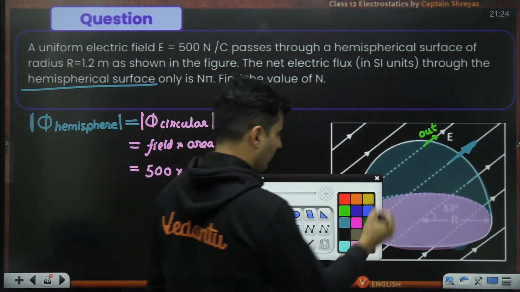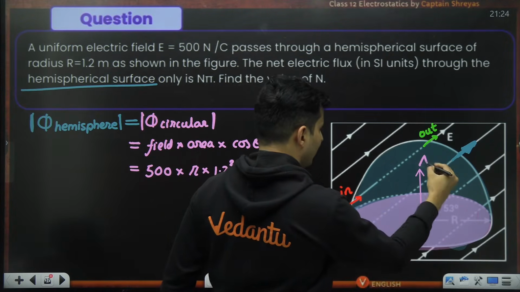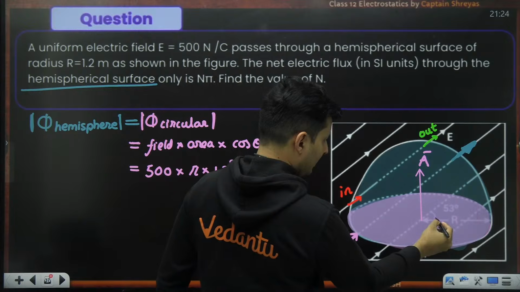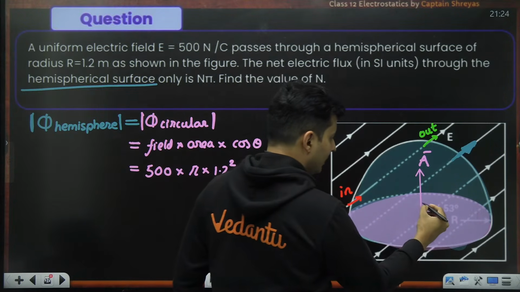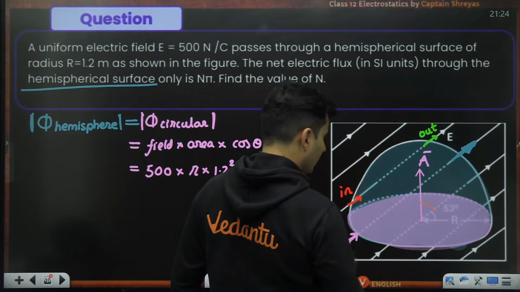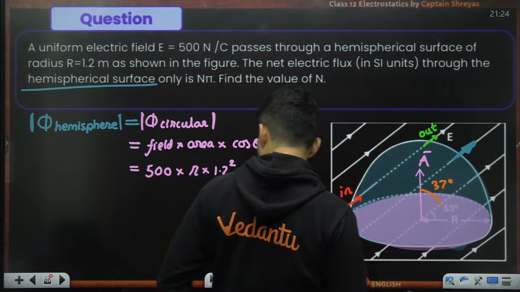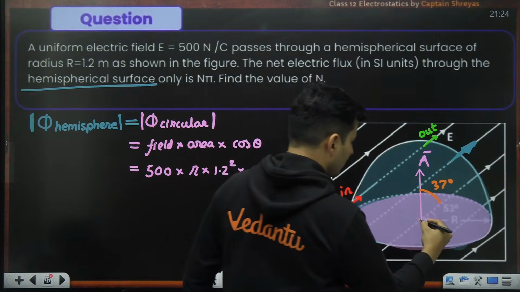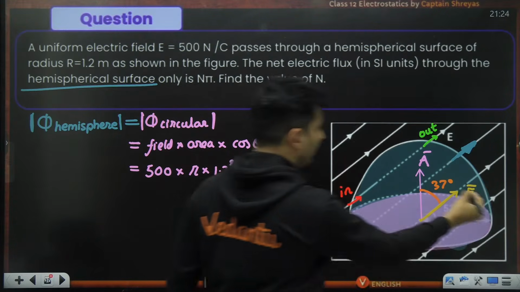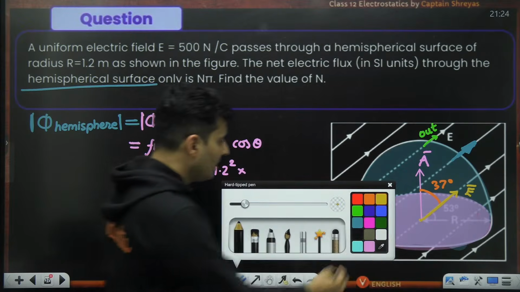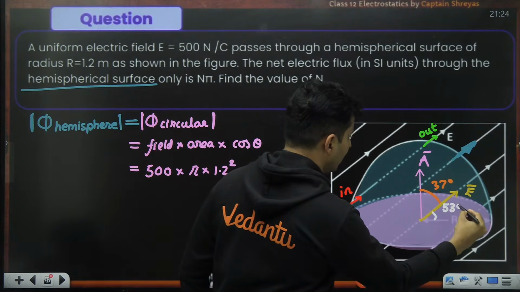See guys, this one is the area vector. So the area vector is basically like this. If this is 53 degrees, obviously the field with the area vector is making 37 degrees, as you can see over here. This is the electric field line. The electric field is making 37 degrees because in the question it was mentioned this is 53 degrees.